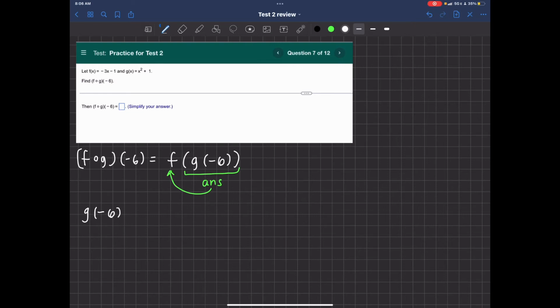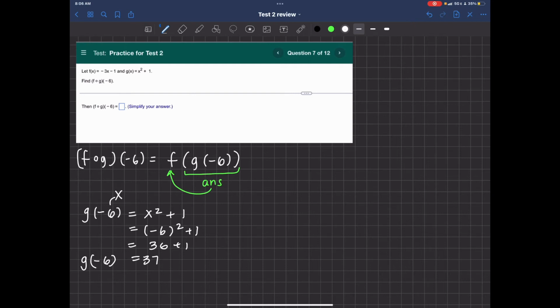That basically means that I have the function x squared plus 1, so this is acting as the x value. So we're going to substitute negative 6 squared plus 1 equals 36 plus 1 equals 37. So g of negative 6 is equal to 37.